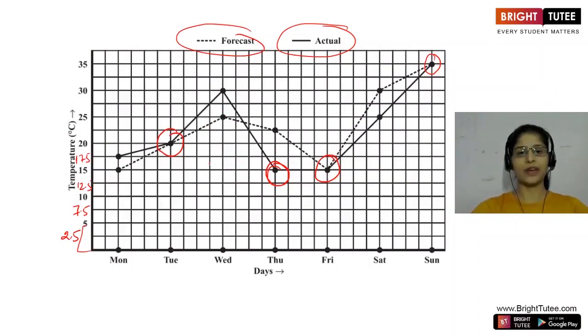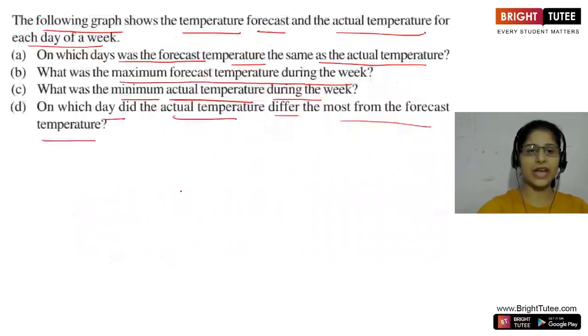On Friday and Tuesday there is no difference. The temperature is same. On Monday it is very less. So we have Wednesday, then we have Thursday, and then we see Saturday, and on Sunday also it is actually same.